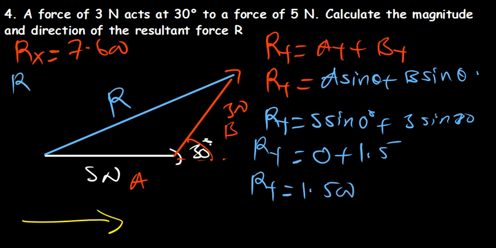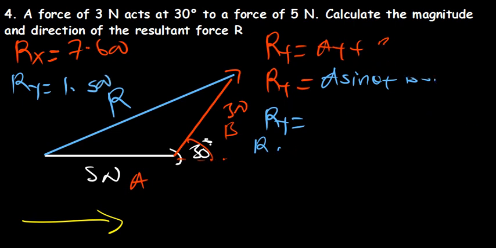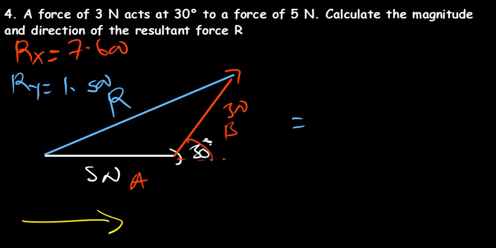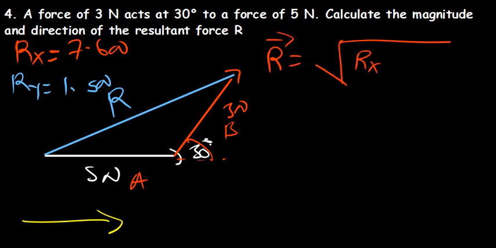Now that I have the Ry and Rx, I can go ahead and find the resultant. Let's get rid of this. So I'll have my resultant equal to the square root of Rx squared plus Ry squared.